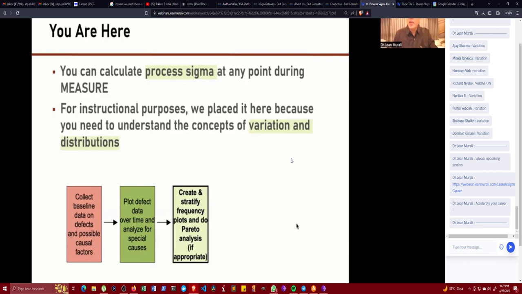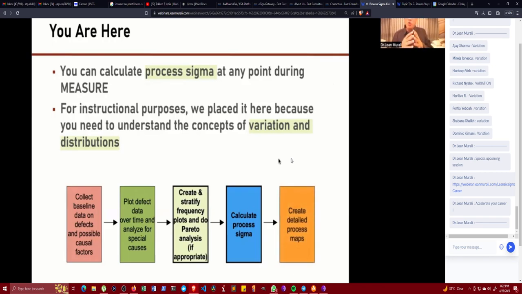In the last session, I gave various examples and applications of the Pareto chart. In this session today, we are going to calculate the process sigma, and in the upcoming session, we will go into detailed process maps. Now, let us go ahead and try to calculate a process sigma. Before that, I'll give you a scenario.